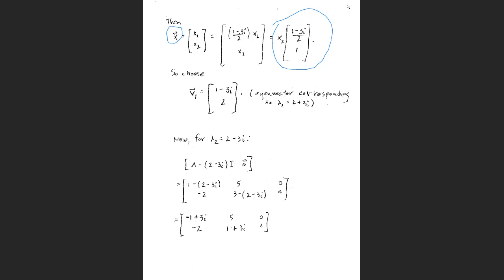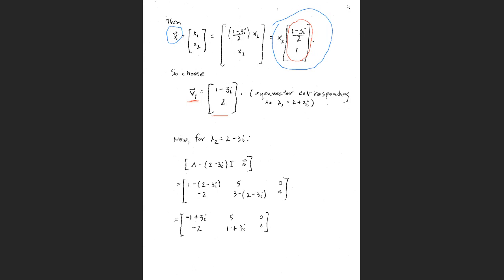But I want to choose an eigenvector that's simple. So why not take a nice multiple of this eigenvector? If I take a multiple of 2, then I get vector v1, the eigenvector with components 1 minus 3i and 2.